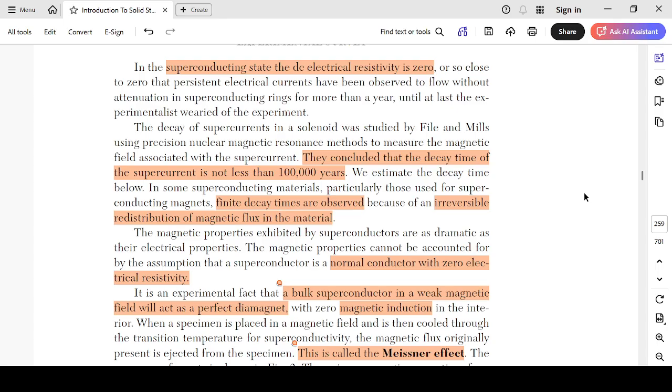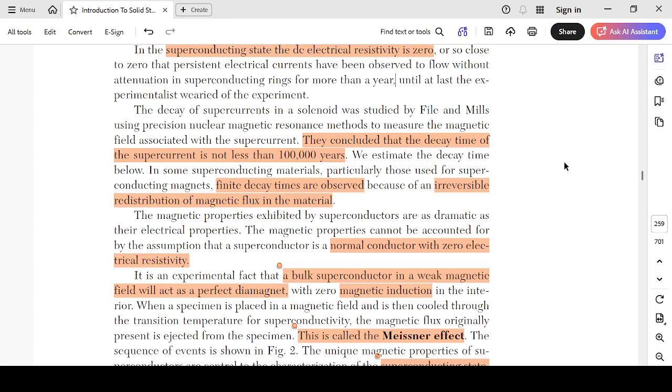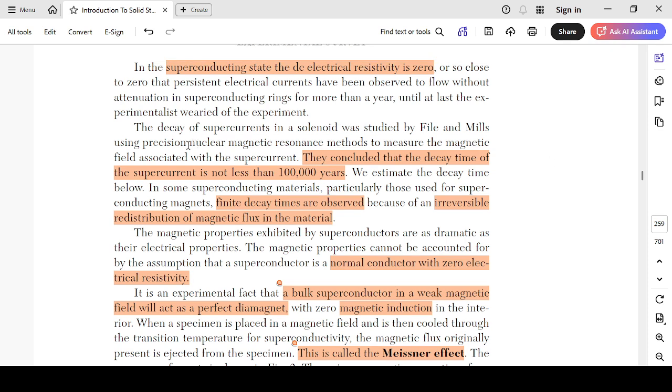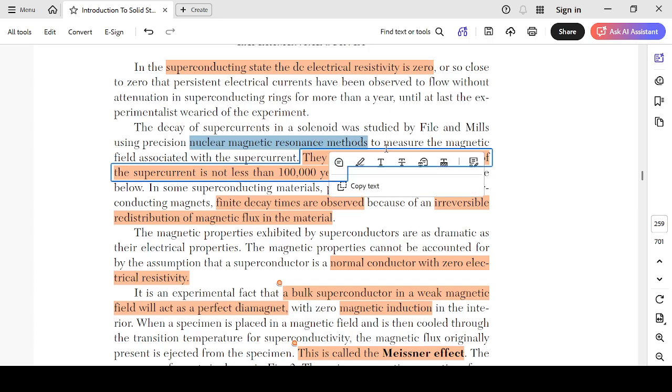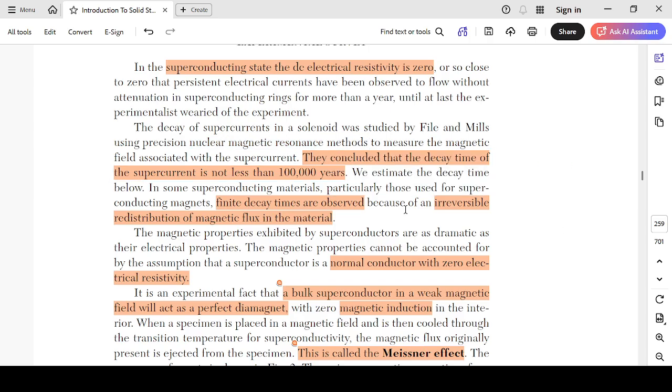There were two scientists, File and Mills, who tried to understand how the decay of current takes place in a superconductor. They used precision nuclear magnetic resonance methods to measure the magnetic field associated with the superconductor.